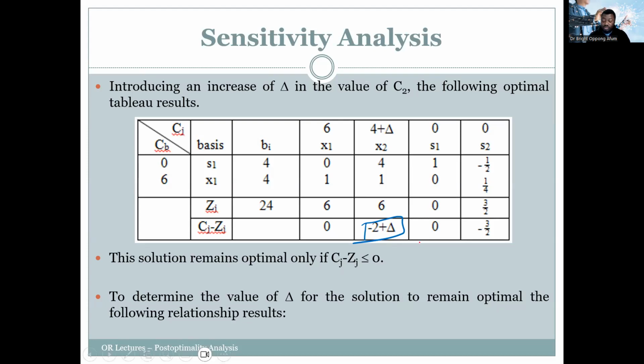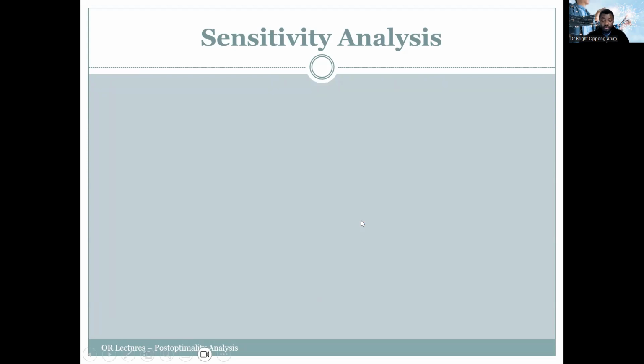If it's less than or equal to 0, then the solution is still optimal. So then we have to determine the change for -2 plus the change less than or equal to 0. That's what we'll do here.